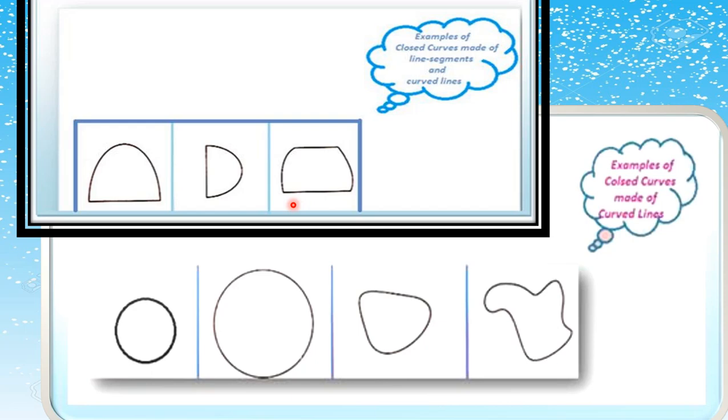That is, a line segment is also a curve. So these are the closed curves, made by joining curved lines with line segments, and in this one, only curved lines.